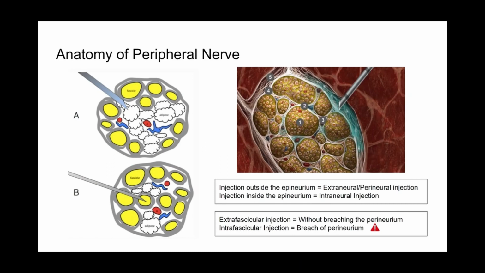However, if you do an intraneural injection in the more distal nerves, then there is less chance for you to inject into the fascicles and cause a nerve injury. This is why if you do a peripheral nerve blockade at the brachial plexus, it increases the risk of nerve injury.